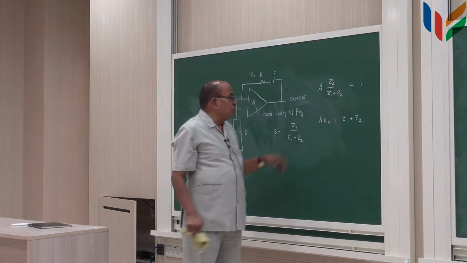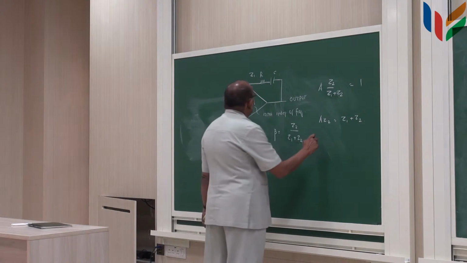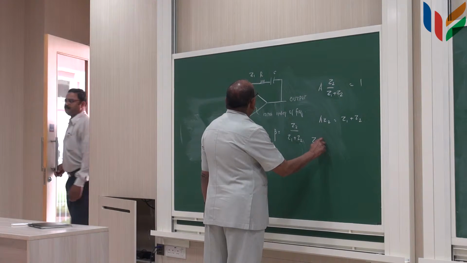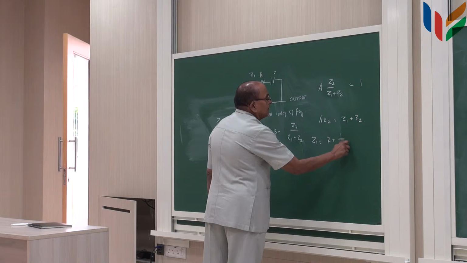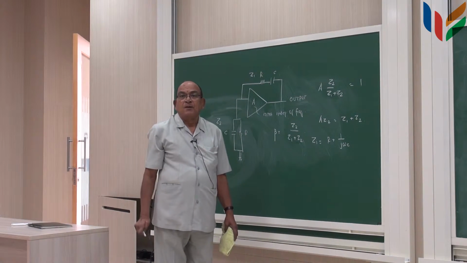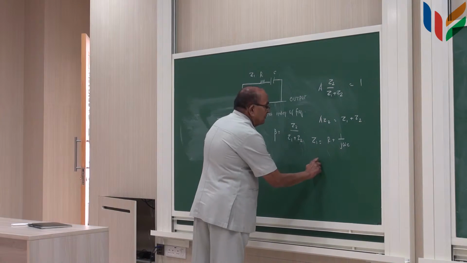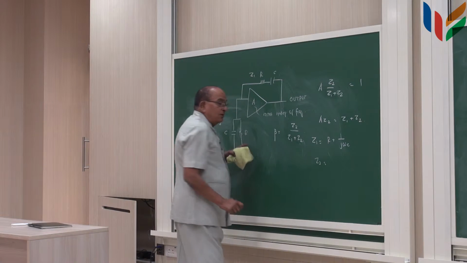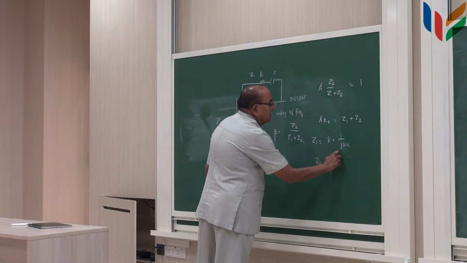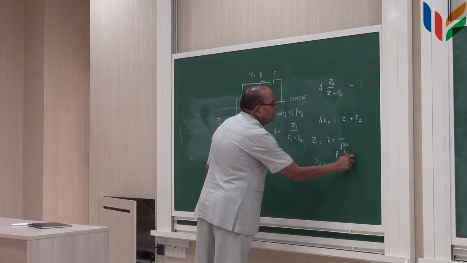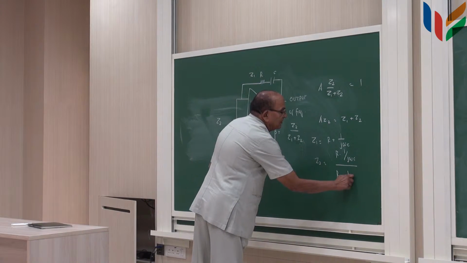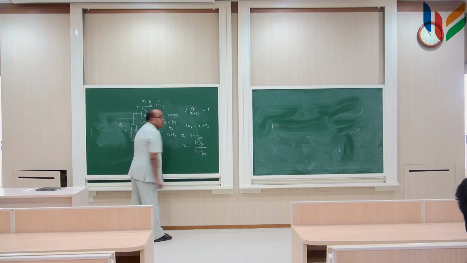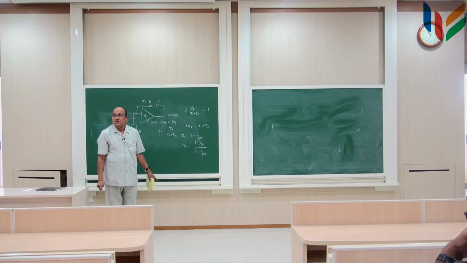So let us substitute what Z1 and Z2 are. Z1 is equal to R plus 1 by j omega C, and Z2 is the parallel combination of this and this, which is R into 1 by j omega C divided by R plus 1 by j omega C. Right?